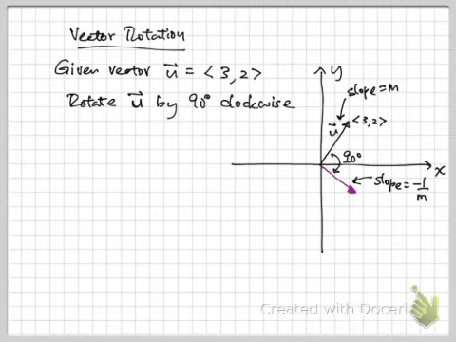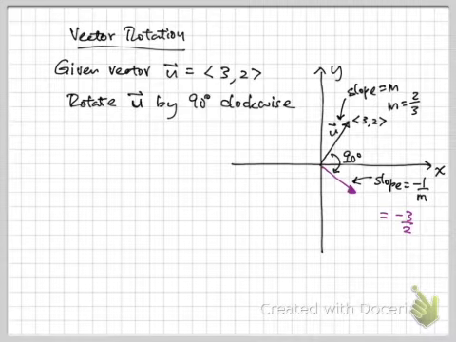In this case, I can use the coordinates 3, 2 to calculate the slope. So m must equal y over x, rise over run, so 2 over 3, which means the slope for the purple line would have to be -3 over 2. So it's going to go 3 down, and 2 over.